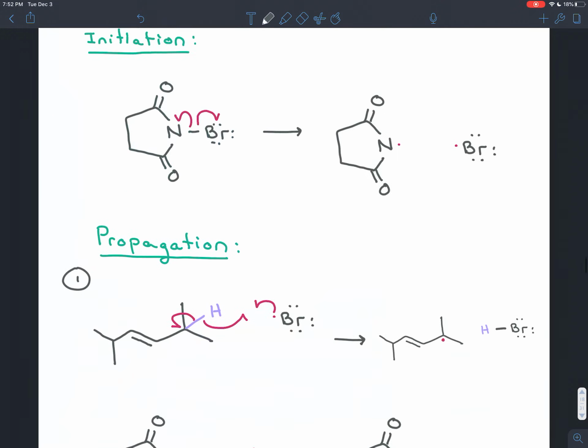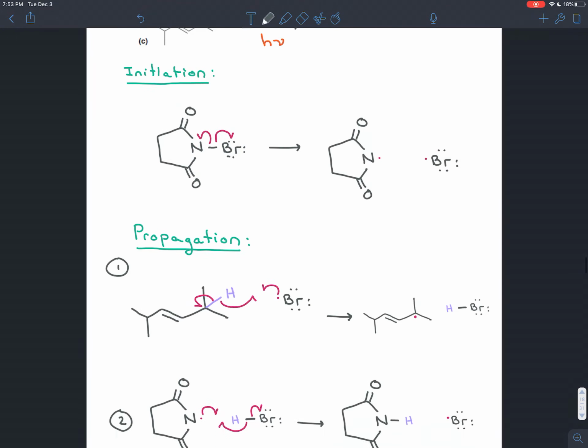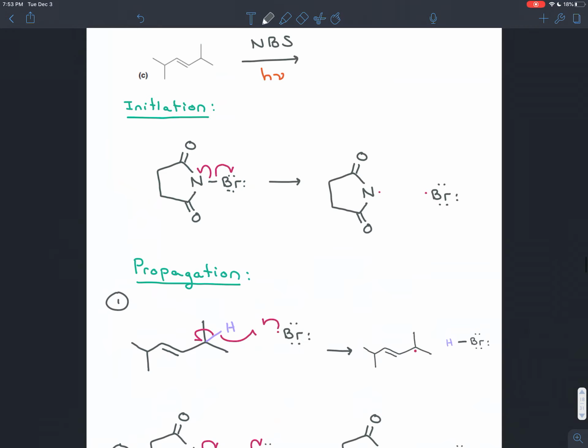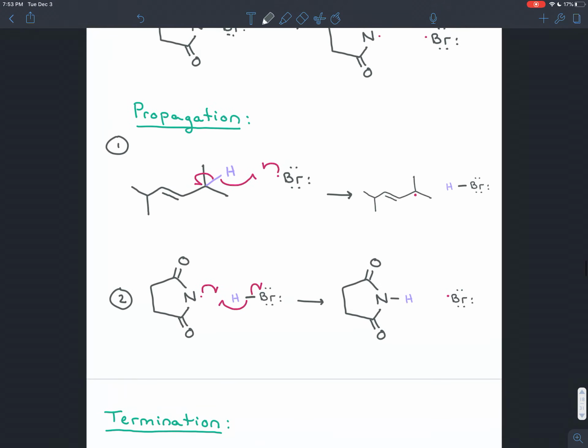Okay, so we had 3 steps. We had an initiation, propagation, and termination step. In the initiation step, N-bromosuccinimide homolytically cleaved the bond between the nitrogen and the bromine to give us 2 radicals. In the propagation step, each of those radicals underwent a reaction. The bromine radical rips a hydrogen off of the position of the carbon that will leave behind the most stable radical, the allylic position, and we form a carbon radical.